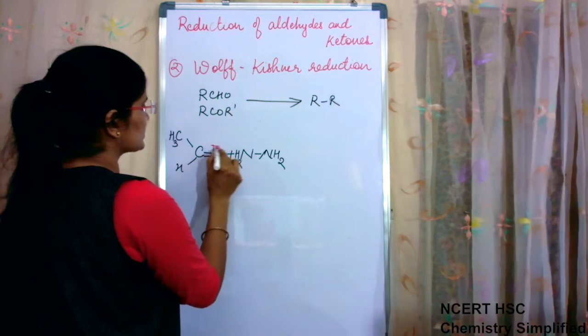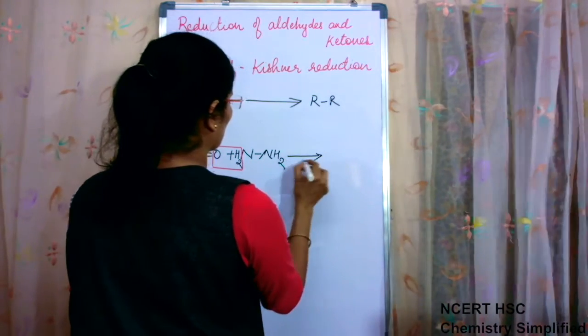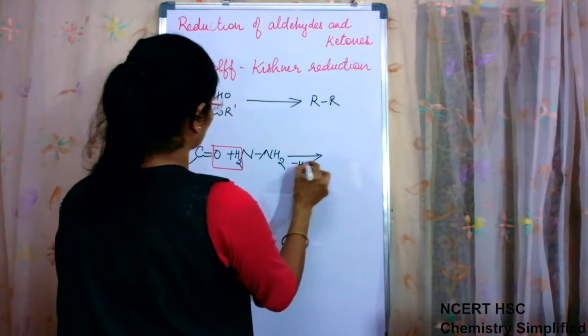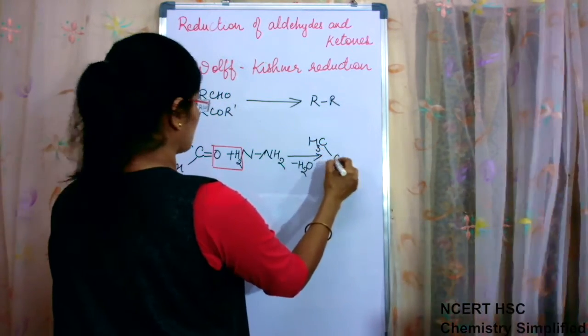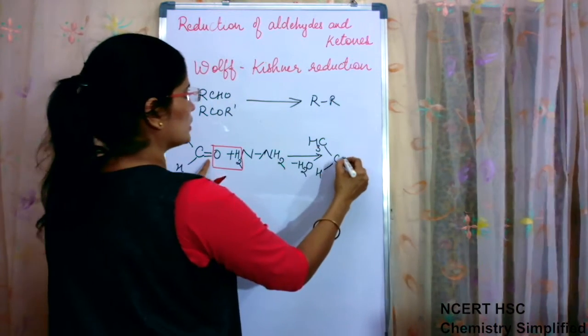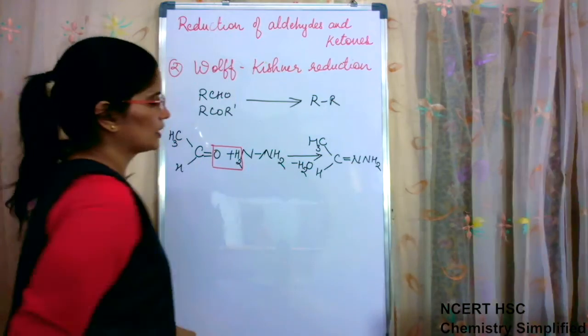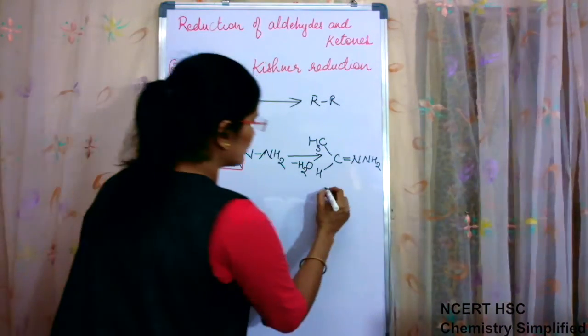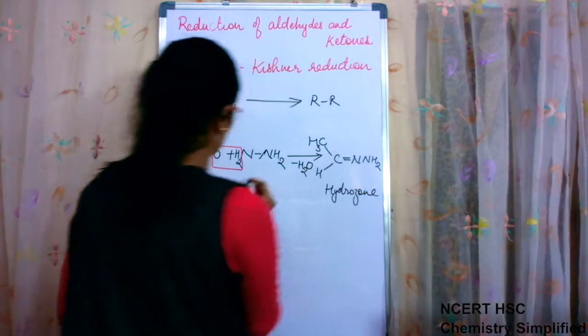In the first step, a water molecule will be lost, minus H2O, and we will get CH3CH double bond N NH2. Hydrazine will give hydrazone.